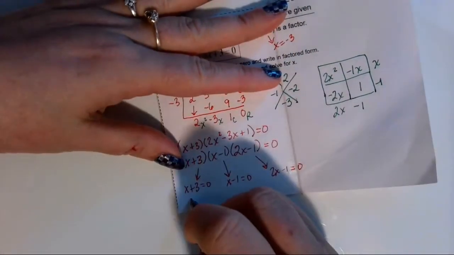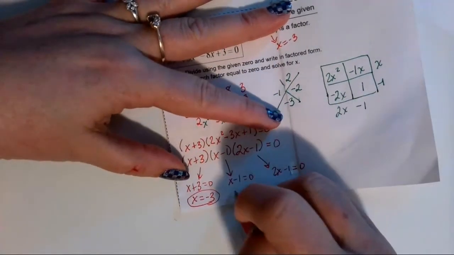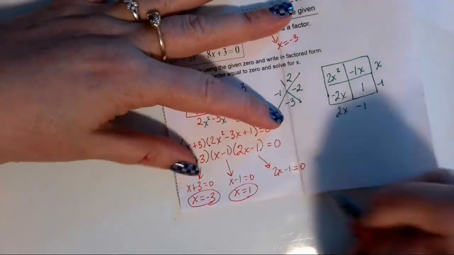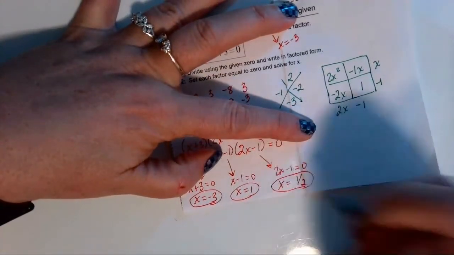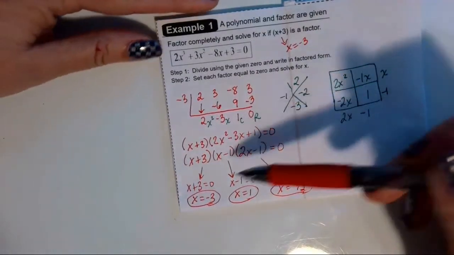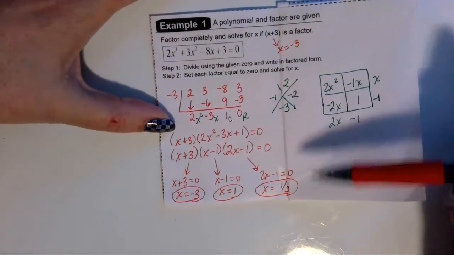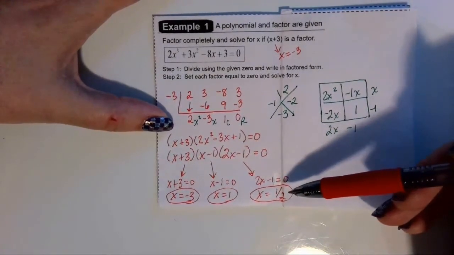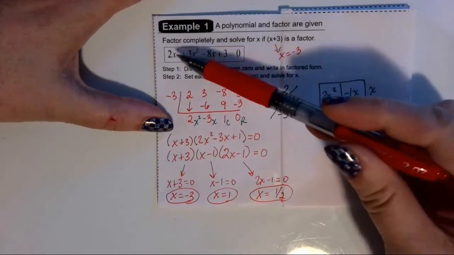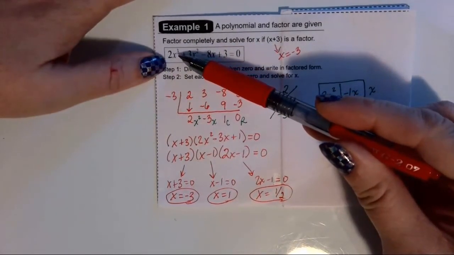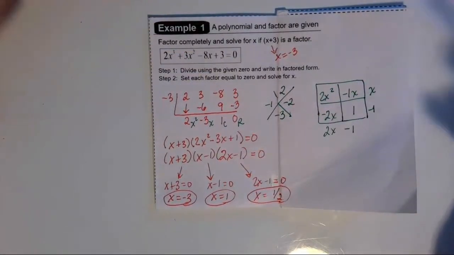And then we have x equals negative 3, x equals positive 1, and x equals positive 1/2. And those would be the three real zeros. Remember from the fundamental theorem of algebra, the number of zeros, including multiplicity, has to equal the degree. And our degree is a 3, and we have 3 real zeros, so we found them all.